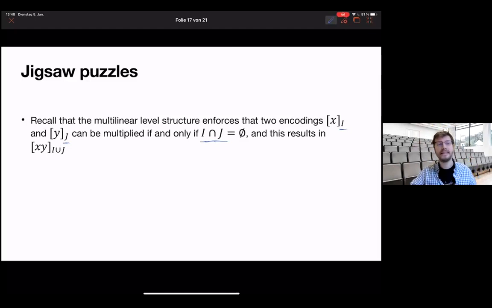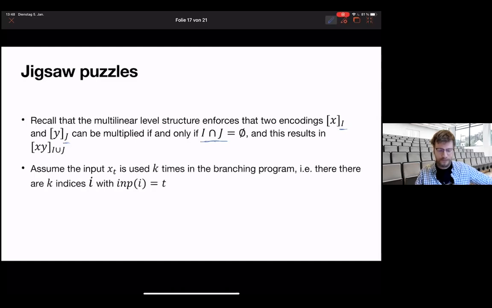This results in x times y at the level I union J. We will assume in the following that each input x_t is used k times in the branching program, so there are exactly k indices i with imp(i) equals t.